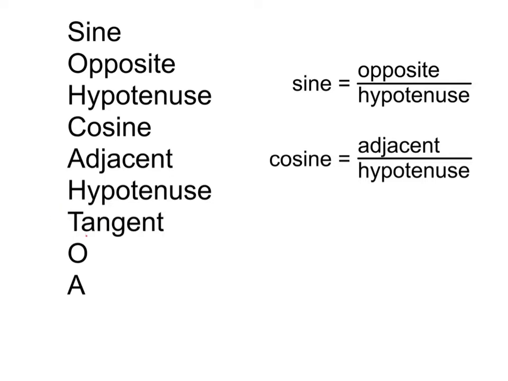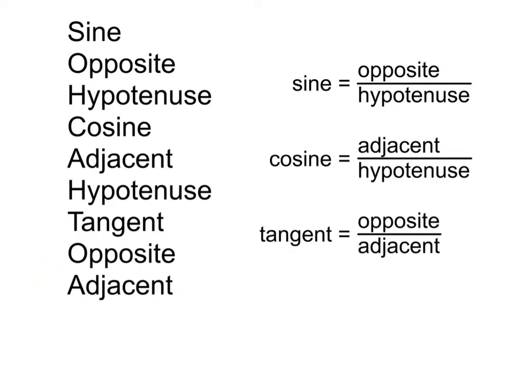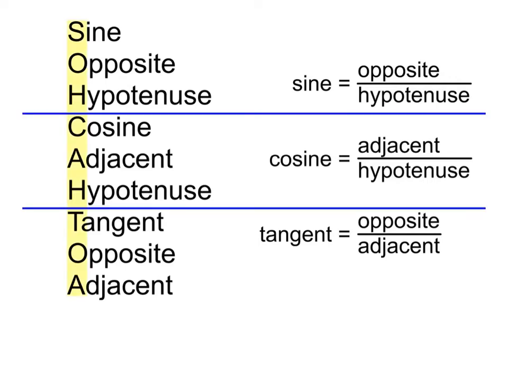And for tangent, you notice the O and the A. The O and the A there are the same things that O and A were up here. It's opposite and adjacent. So tangent equals opposite over adjacent. And if you can remember SOHCAHTOA and how it's spelled, then you have this nice way of remembering the definition for sine, cosine, and tangent.